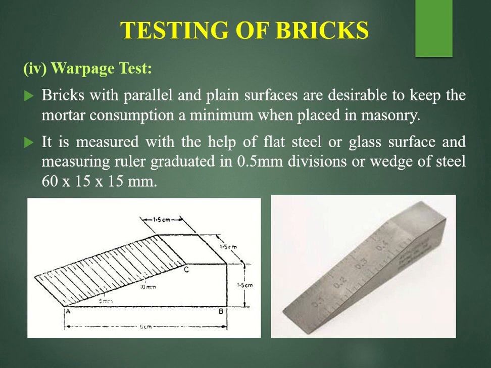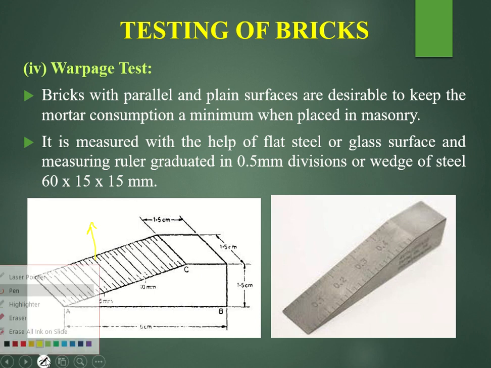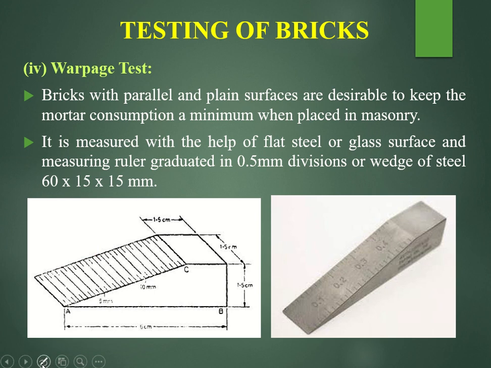Those 10 bricks one by one will be placed on the wedge. You can see here where my pointer is. Just a second, I'll take a red pointer. So we try to place the brick like this on the steel wedge. We have a possibility of two types of warpages: one is concave warpage and one is convex warpage.